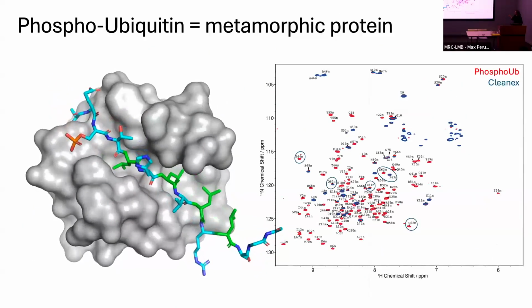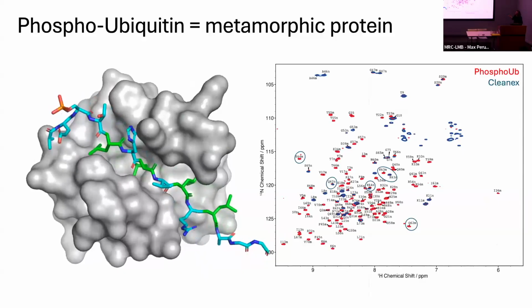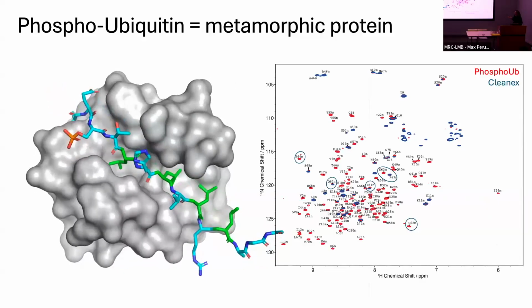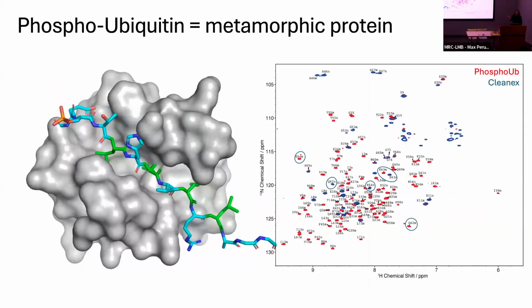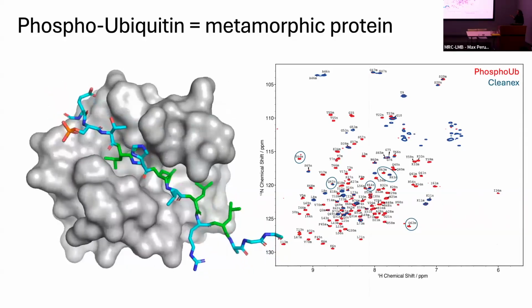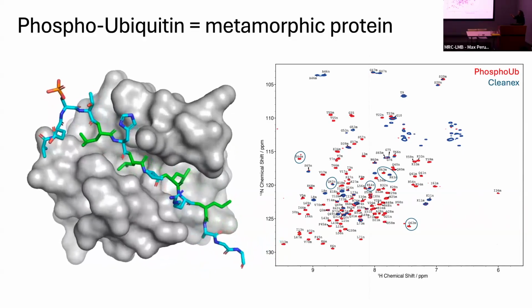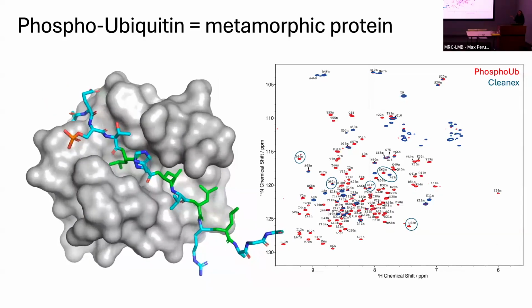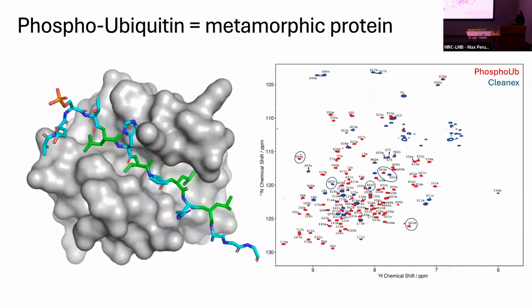And it's able to do that because of this leucine X, leucine X, leucine X, leucine motif, which enables the C terminus to slide in and out of the core of the protein. Not only does the C terminus retract, but it also exposes this phosphorylated loop to the solvent. And we can have a look at that with another NMR experiment called CLEANEX.